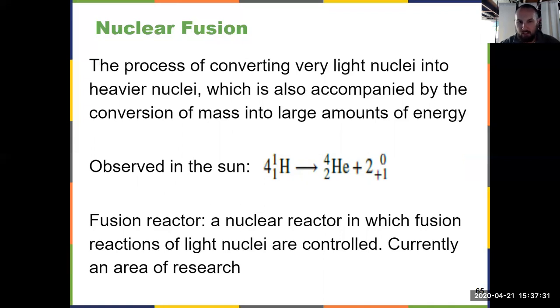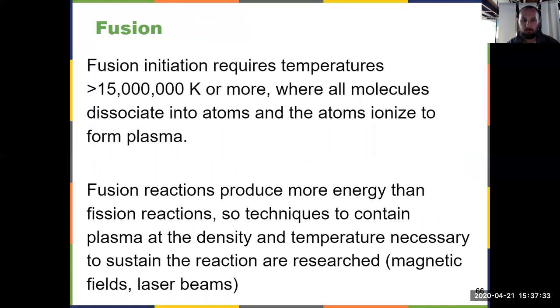But it's currently an area of research because the problem is for fusion to occur, it requires temperatures, right, greater than 15 million Kelvin, which is fine in the middle of the sun or in plasma and stars, but we can't get that on Earth, okay? Because to achieve that temperature on Earth, all of our molecules just dissociate into atoms, and those atoms ionize into plasma. Again, fine in a star, can't do it on Earth, right? But that has a huge possible application.